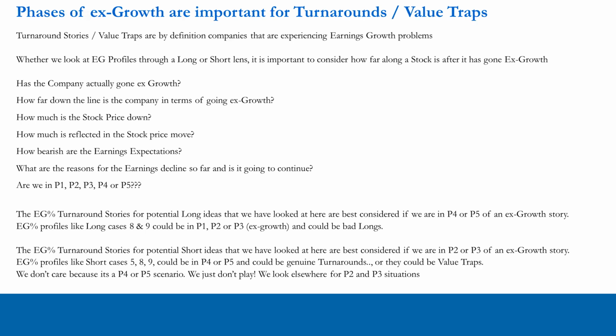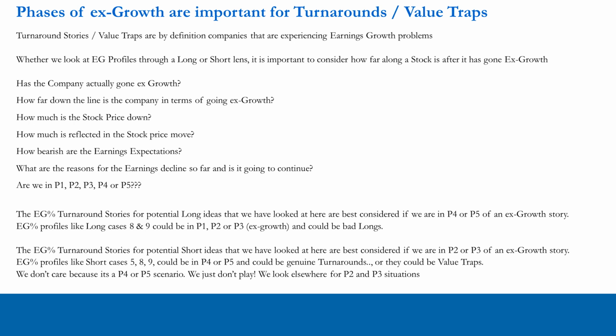So the stock is down a lot. It's been going down for a while, could be 1 year, 2 years, 3 years. It's been in phase 4 or phase 5 in those scenarios for quite a long time. We have the case 8 or case 9 exhibited earnings growth profile, and we're having an aggressive turnaround in earnings growth.